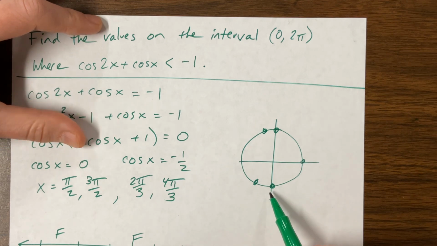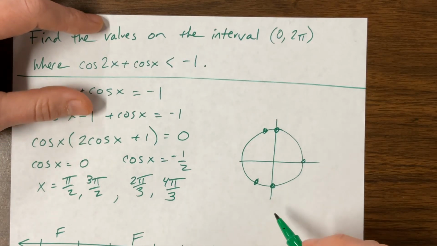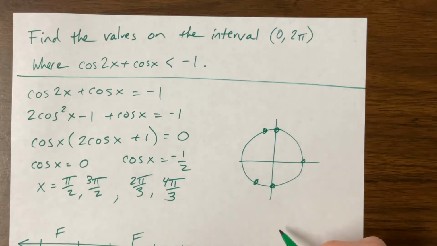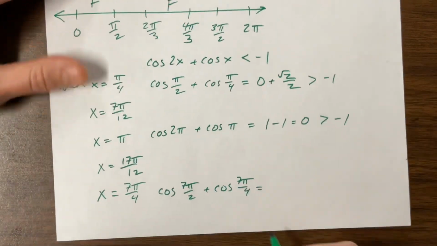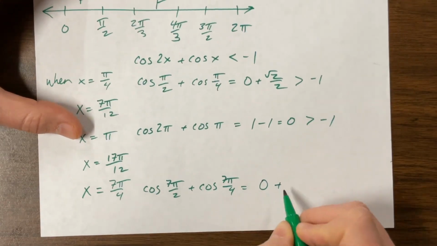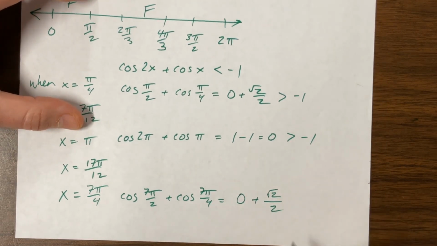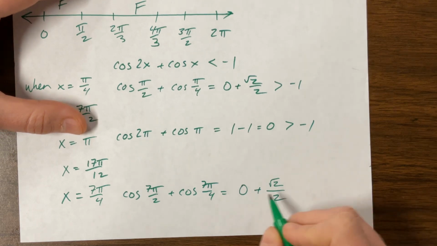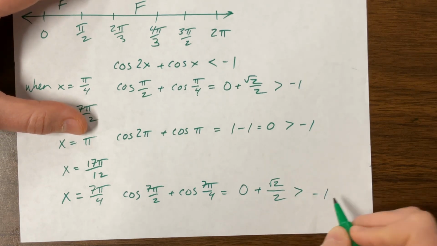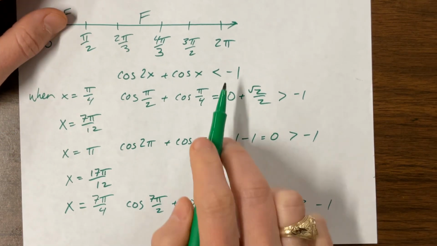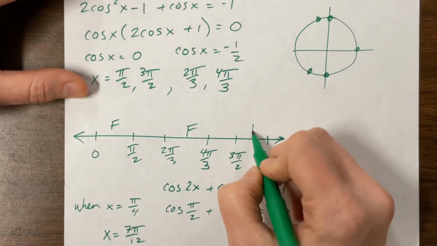Cosine of 7 pi over 2 is coterminal to pi over 2, 3 pi over 2, 5 pi over 2, and that's all 0. So this is 0 plus this is root 2 over 2. The cosine is positive in quadrant 4, and this positive value is greater than -1, which gives us a false statement here.